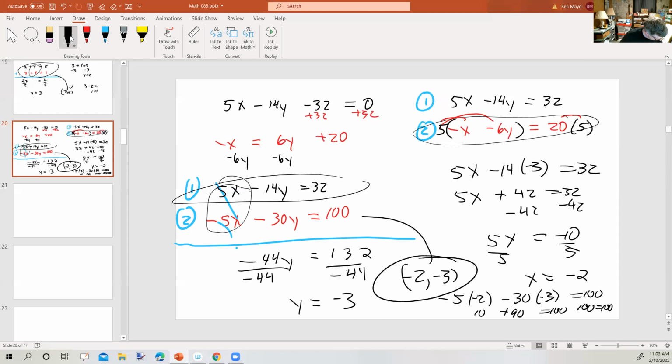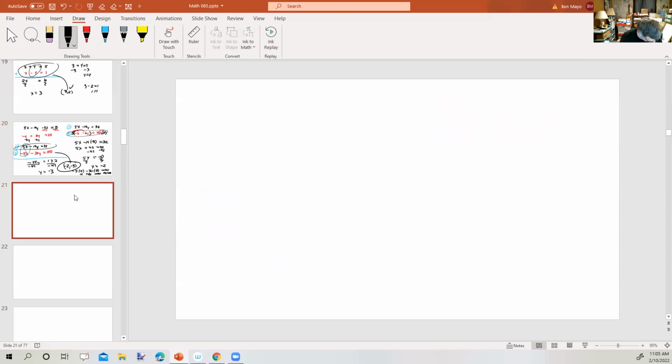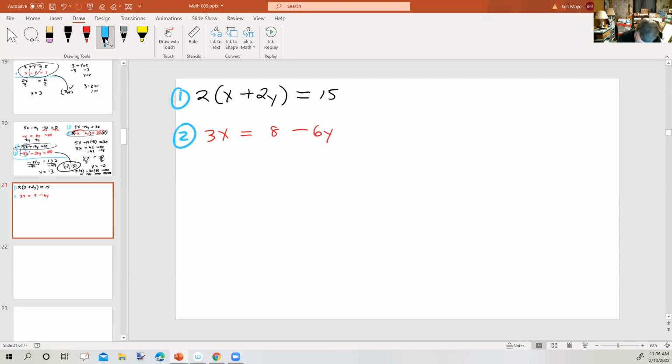Let's do this one. 2 times the quantity x plus 2y equals 15, and 3x equals 8 minus 6y. All right, so we've got equation 1, equation 2.